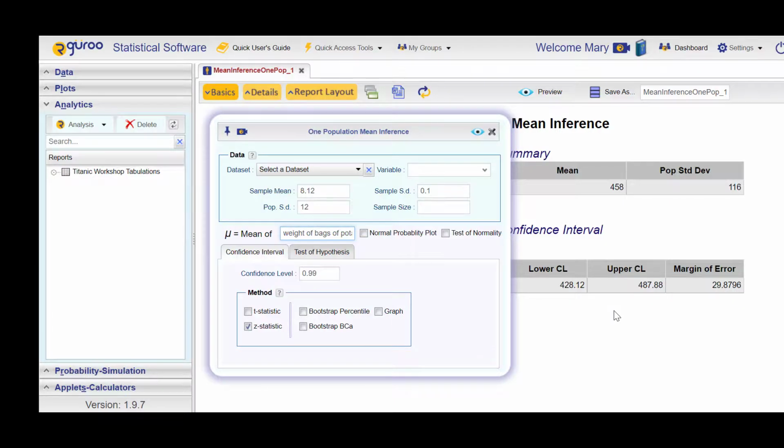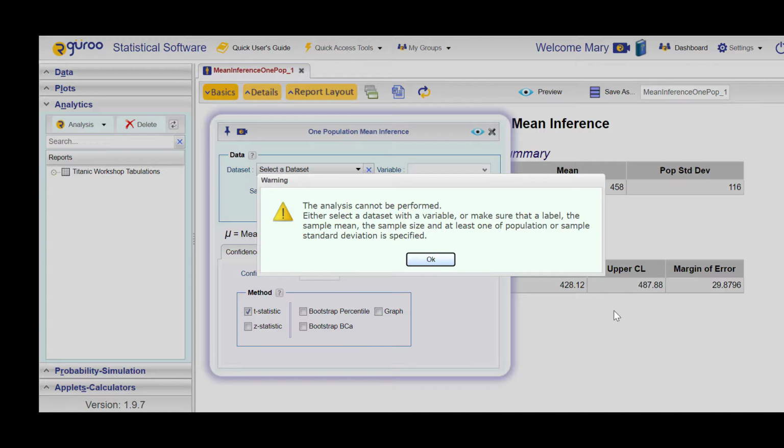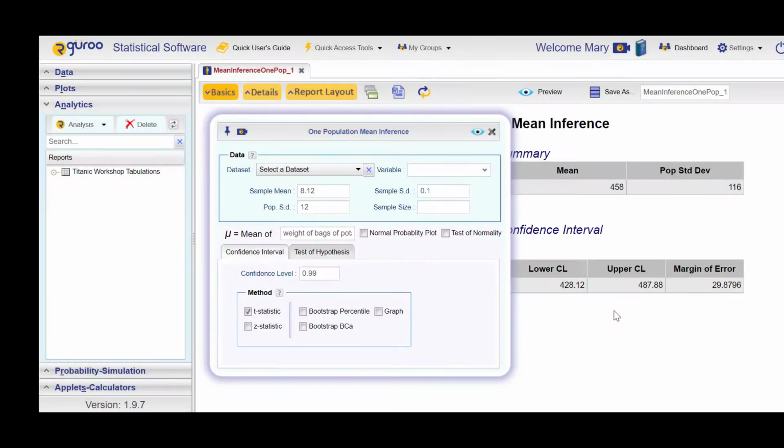Now, because they gave us the sample standard deviation rather than the population standard deviation, we need to change our method to t statistic. So we'll take that off there, and then we will do our preview. Oh, I need to undo the population standard deviation. The sample size was 12. Sorry about that. I put that in the wrong place.